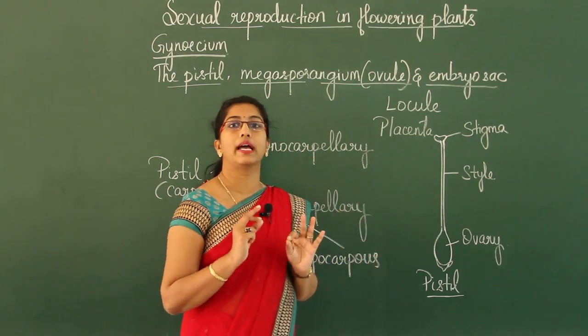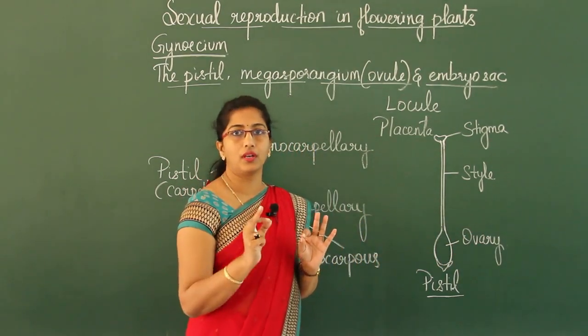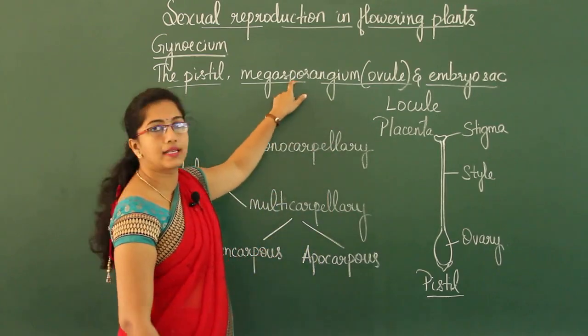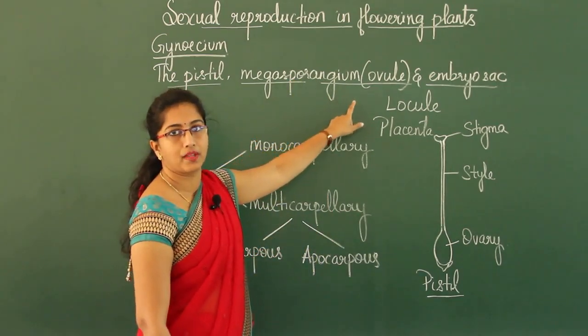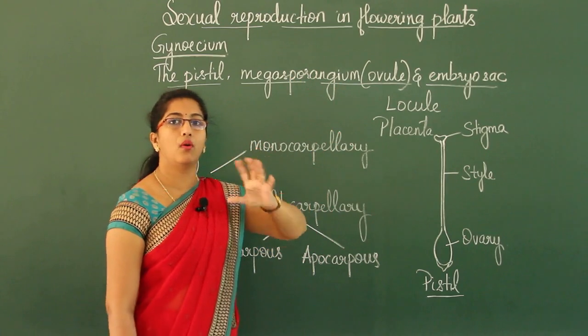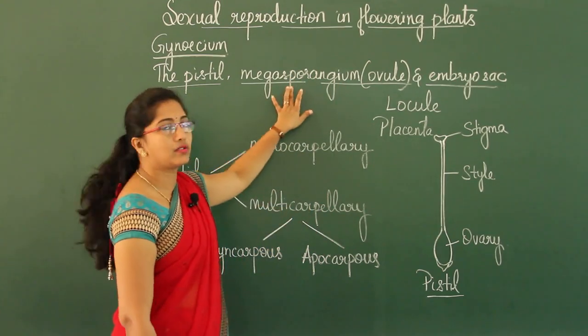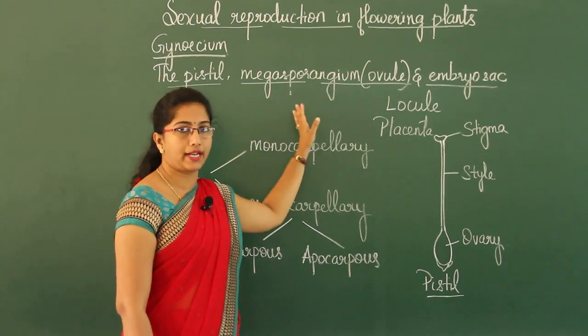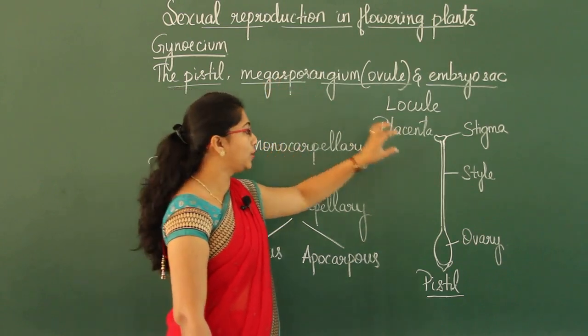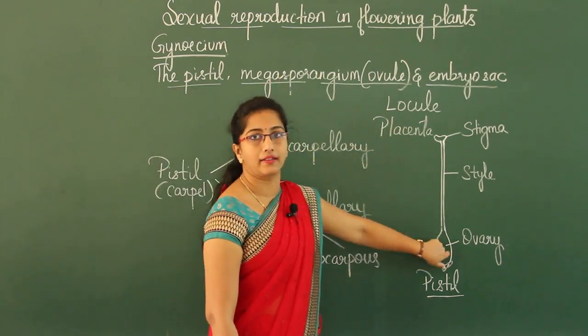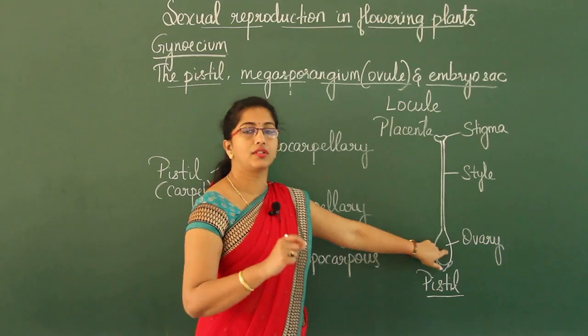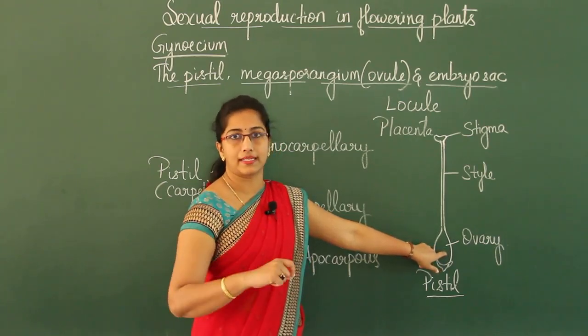From this tissue arises the ovule, or we also call it megasporangium. Commonly we use the term ovule, or megasporangium. This ovule you will find inside the ovary attached to the tissue called placenta.